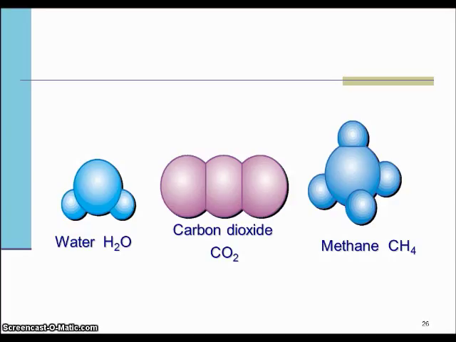Now, these are some other examples of molecules of a compound. You have water, which is made up of the elements hydrogen and oxygen, carbon dioxide made up of carbon and oxygen, and methane, which is made up of carbon and hydrogen.